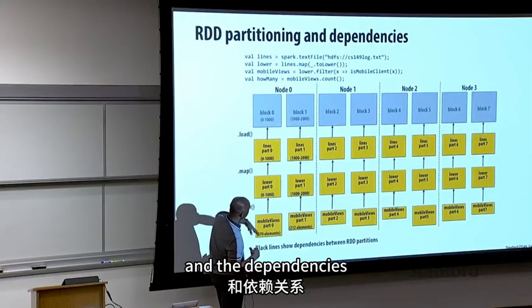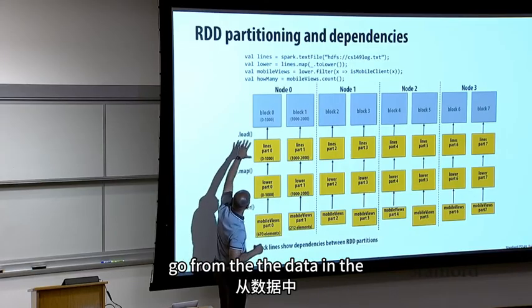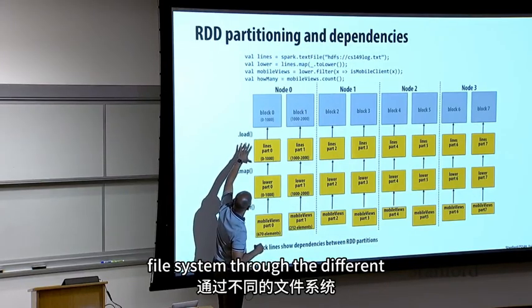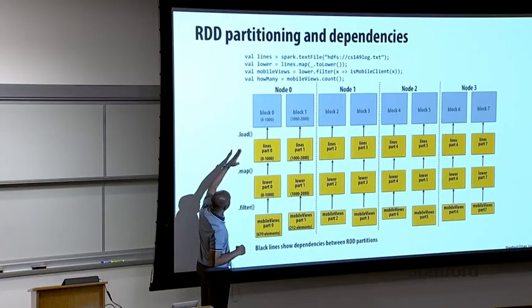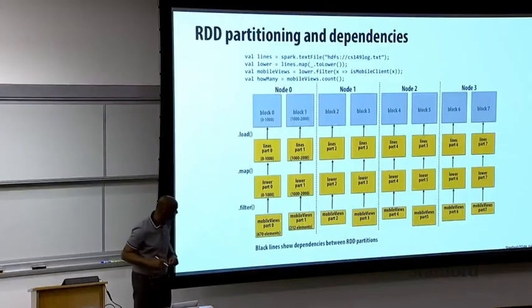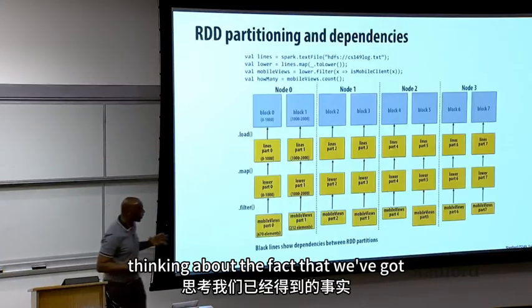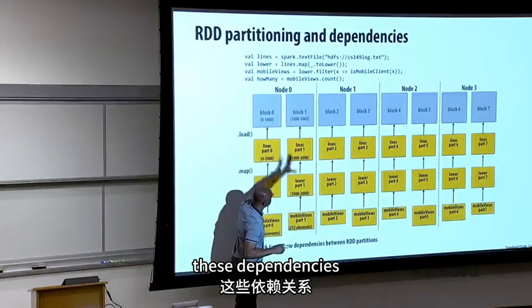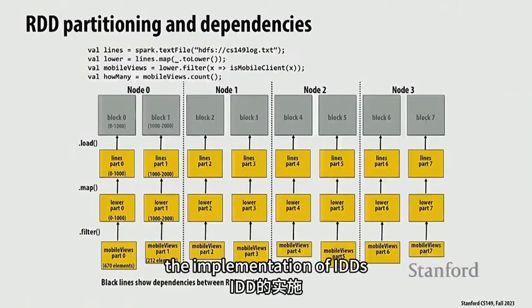The dependencies go from the data in the file system through the different partitions of the different RDDs, from lines to lower to mobile views. So the question is, thinking about these dependencies, can we optimize the implementation of RDDs?